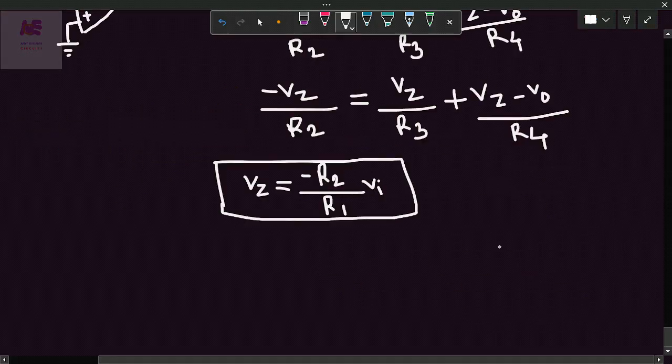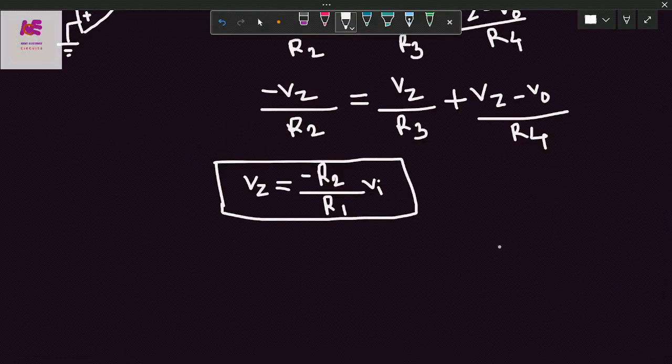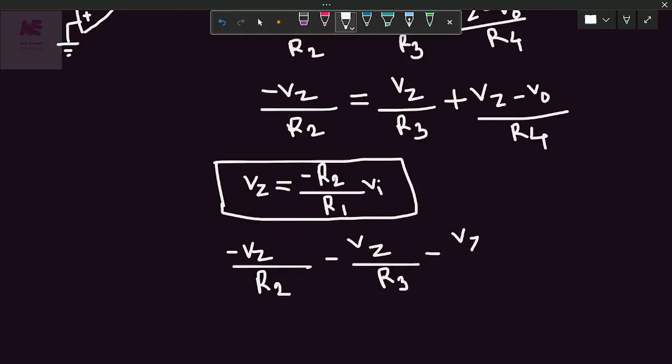Taking the Vz terms to one side, we are getting minus Vz by R2 minus Vz by R3 minus Vz by R4 equal to minus V0 by R4.